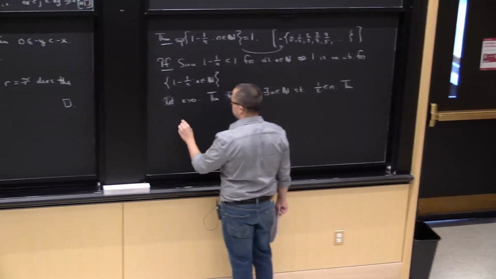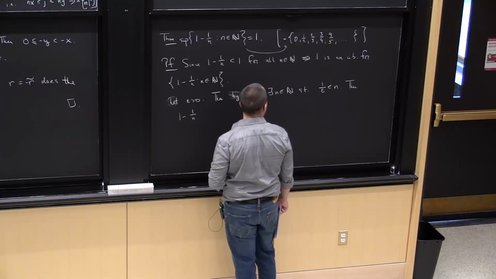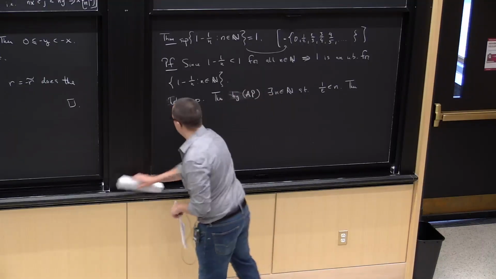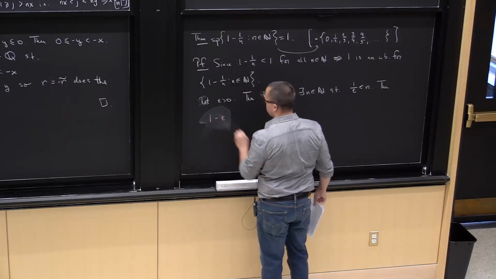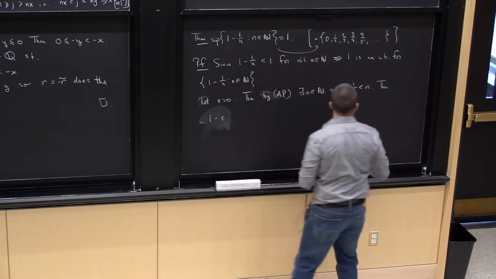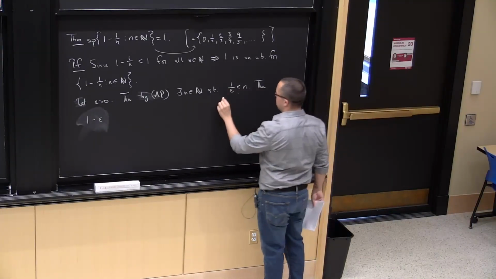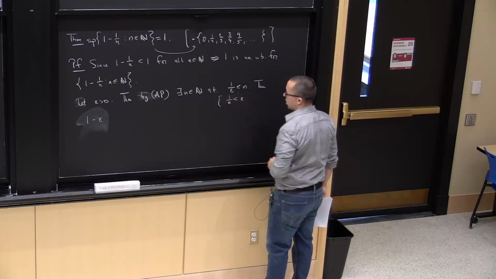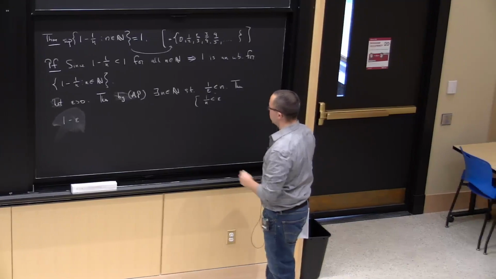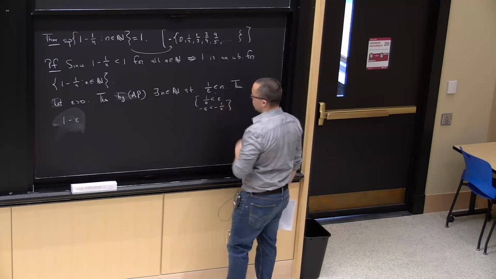Then 1 minus 1 over n. So let's do it this way. And 1 minus epsilon is, since 1 over epsilon is less than n, this is equivalent to saying 1 over n is less than epsilon, and therefore minus epsilon is less than minus 1 over n.